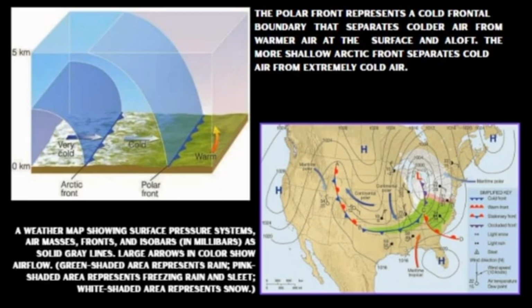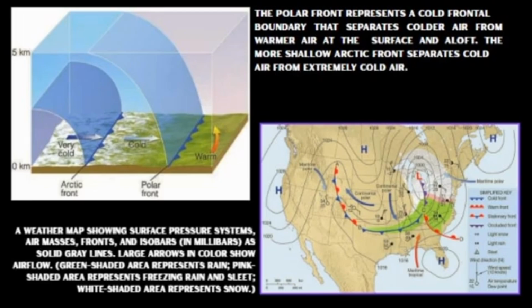The Arctic front, which separates cold air from extremely cold Arctic air, is much shallower than the polar front and only extends upward to an altitude of about 1 or 2 kilometers. If you look at the next picture, it shows a surface weather map with four different fronts. As you notice, the fronts are associated with lower pressure and the front separates differing air masses.